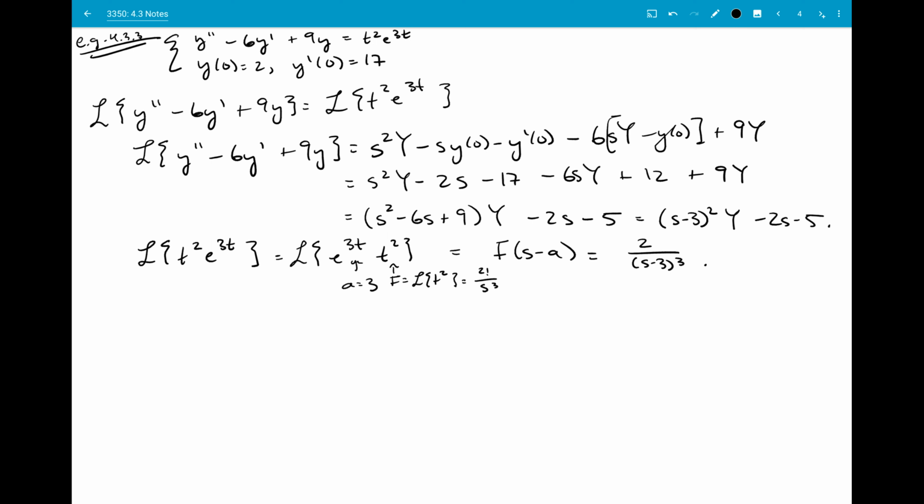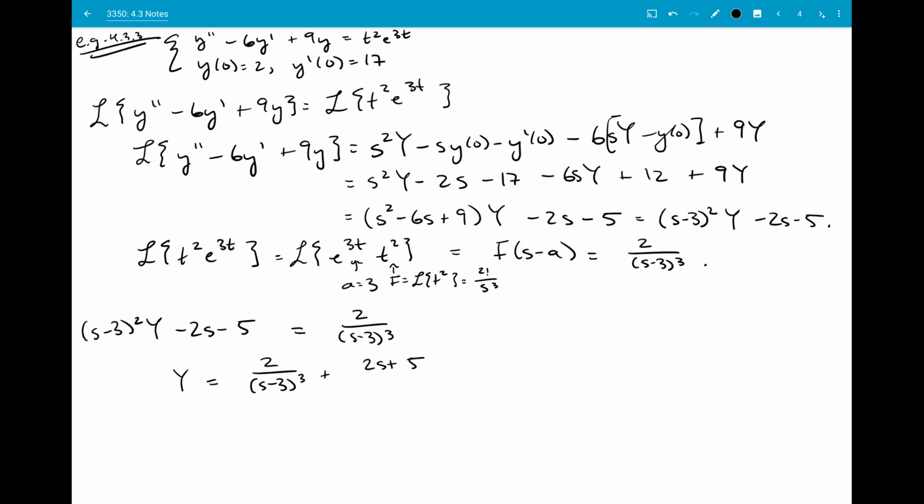Since we've taken the Laplace transforms of both sides of the equation, we can set everything equal. So we've got s minus 3 squared times Y minus 2s minus 5 equal to 2 over s minus 3 cubed. Solving for Y, we've got s minus 3 squared times Y equal to 2 over s minus 3 cubed, plus 2s plus 5.